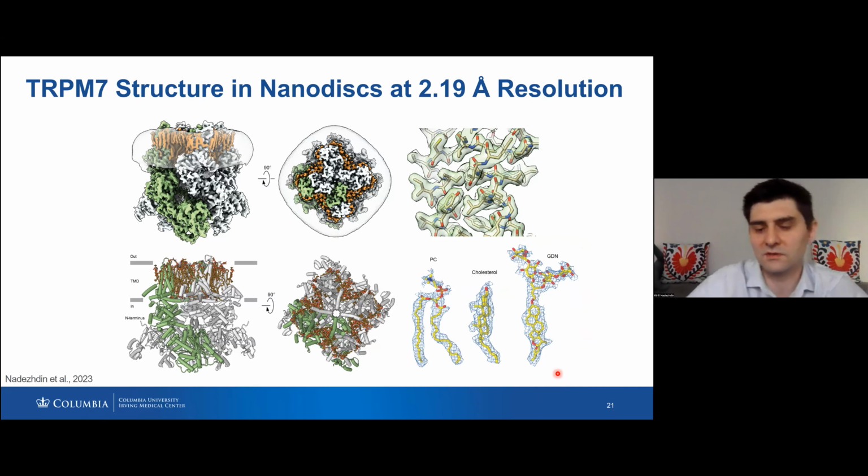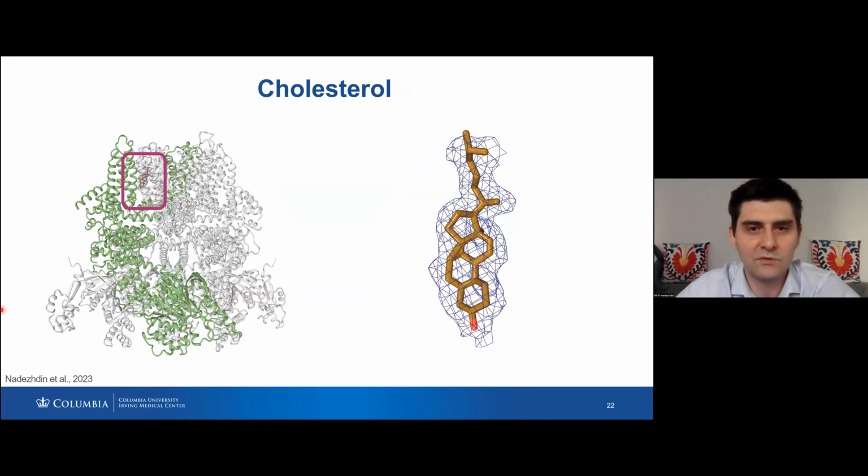I want to talk, just one slide, about the cholesterol, because I found it really fascinating, as it goes back to my memories from my university biochemistry class. We see cholesterol, and it resides somewhere here in the transmembrane domain. Interestingly, we never added cholesterol, and never had cholesterol present in our buffers when we extracted and purified the protein.